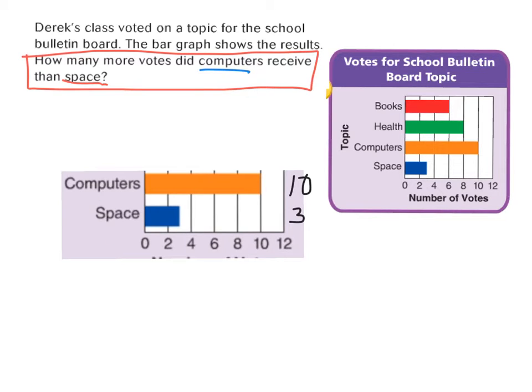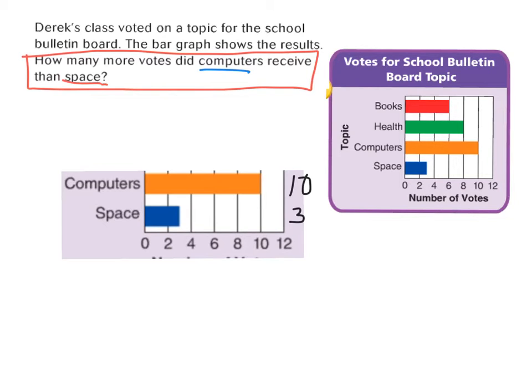Well, there's a couple of ways that we can figure this out. The first way is to use a model, which would be this bar graph. We can count back along the scale to find the difference between the bars. You can see that computers is more than space. Well, how many more?